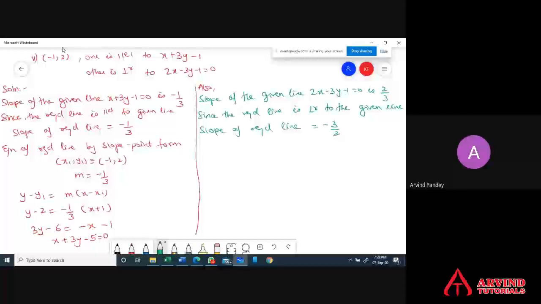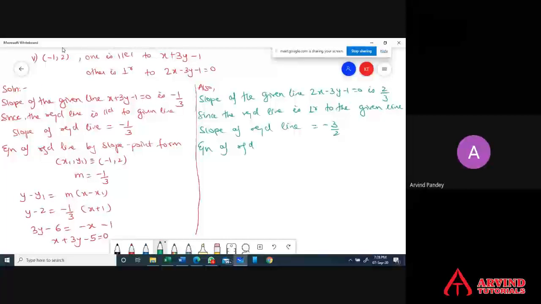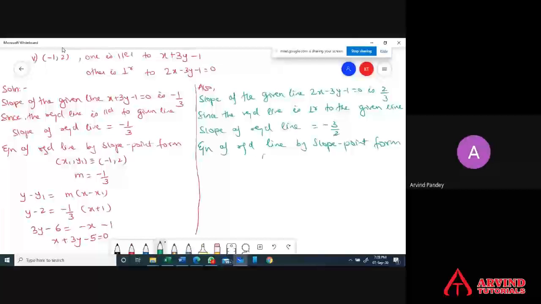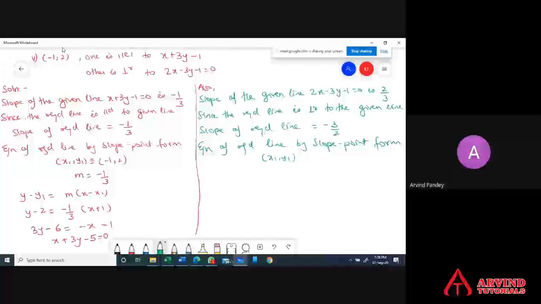Yes, here this is perpendicular, so for this the negative reciprocal. Then I'll say equation of required line by slope point form. Your x1 comma y1 is minus 1 comma 2, and your slope is minus 3 by 2.